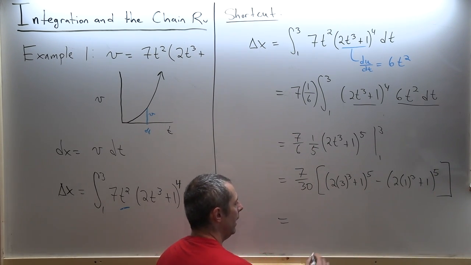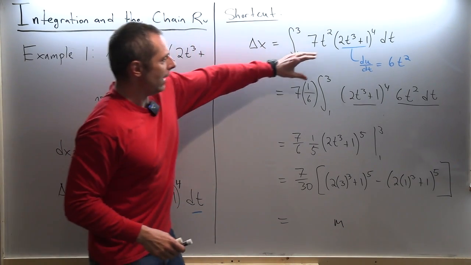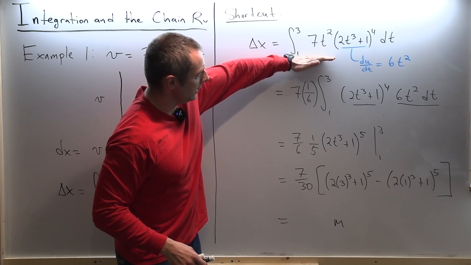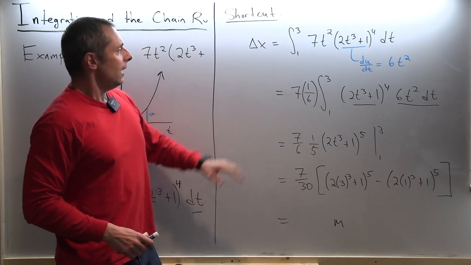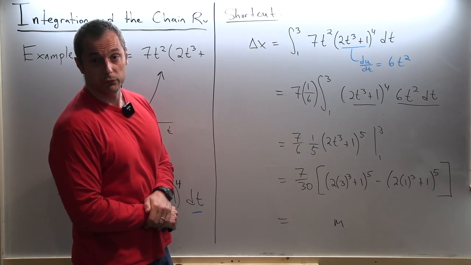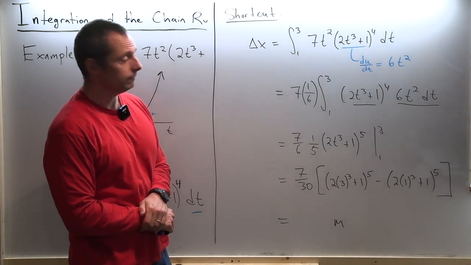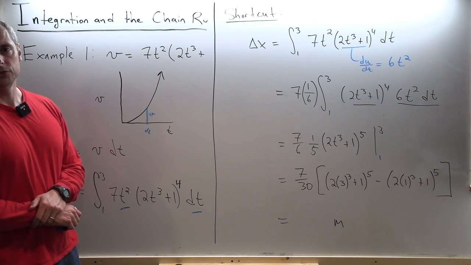And then I evaluate that and get my answer. So you see, a little bit quicker, rather than writing those 3 lines, let u be this, and then du dt, and then so on and so forth, I just kind of quickly do it and save myself a little time. Okay? I'm going to pause now to give you a chance to write down this shortcut technique.